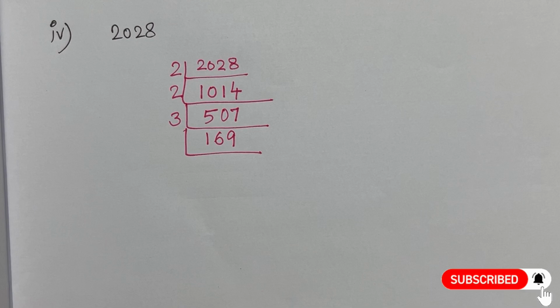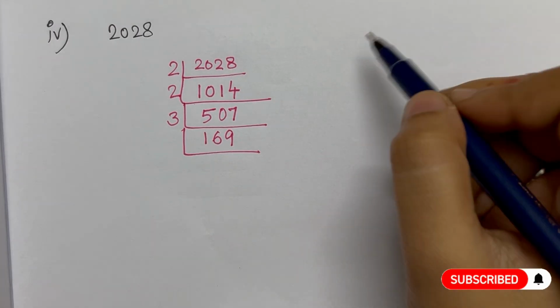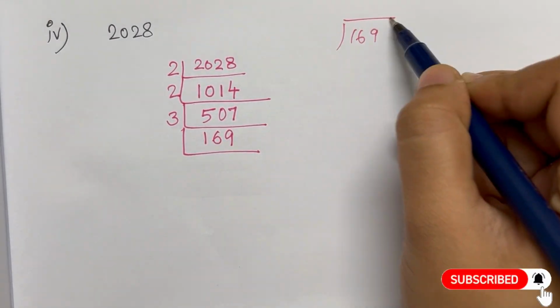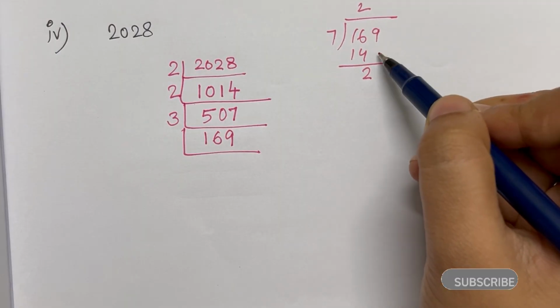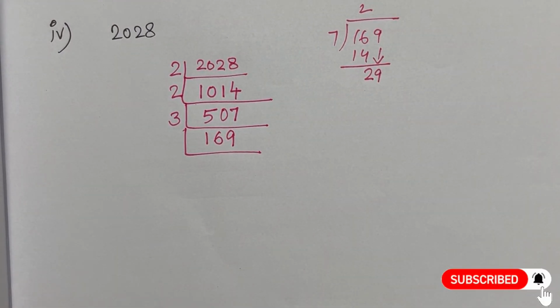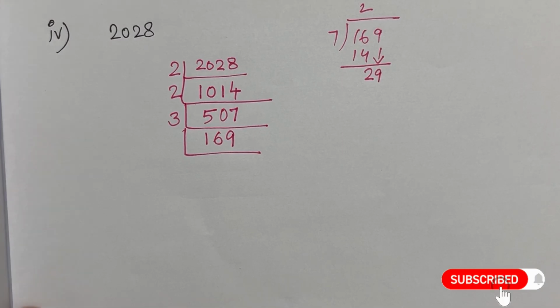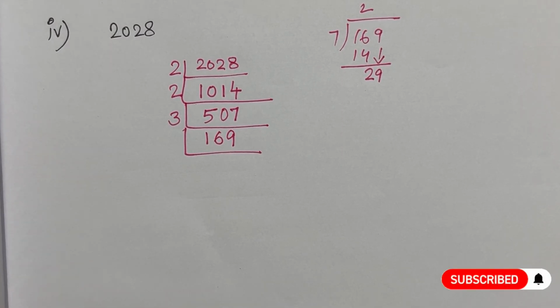Now let's check whether this number is divisible by 7. This is not divisible by 7. This is not divisible by 11, not even 13.